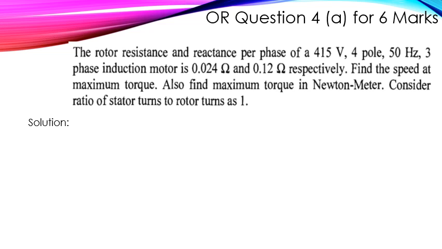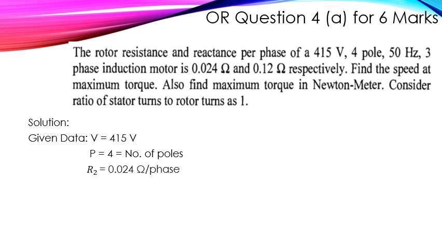So first see the given data. Voltage is 415 volts, number of poles 4, rotor resistance 0.024 ohm per phase, as it is a 3-phase induction motor. We know that in a 3-phase induction motor there are two constructional parts, rotor and stator.